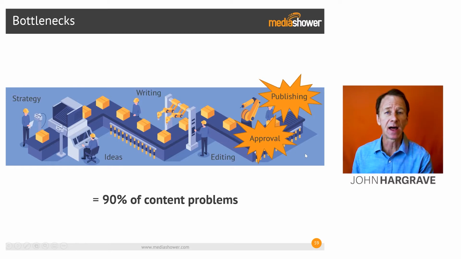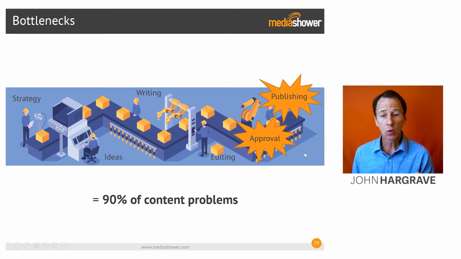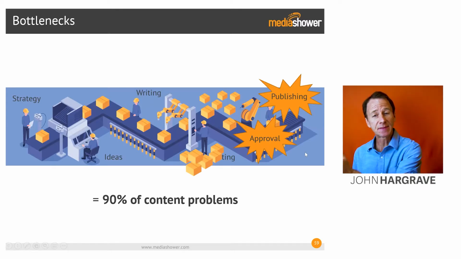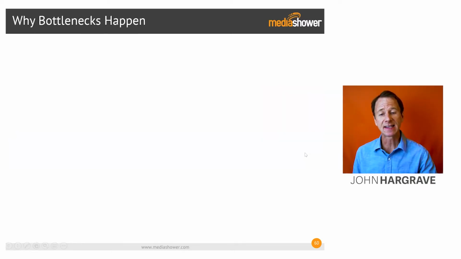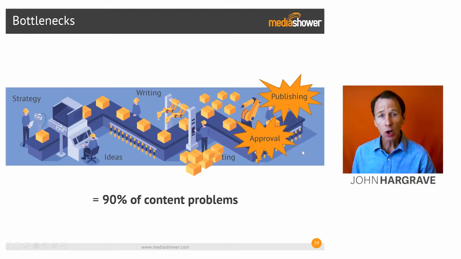Now, when we have these bottlenecks, when the assembly line stops, the problem is that everything before that doesn't stop. And so ultimately, we have these pieces of content that start piling up and waiting for people to deal with them. So just because it stops down here doesn't mean it can easily stop up at the other part. The problem with that is then we become part of the problem.